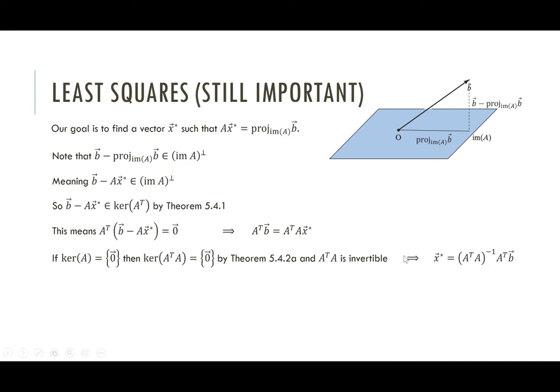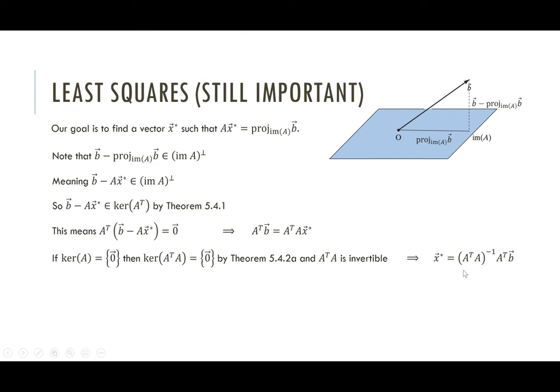Okay, so in that case, if the kernel of A is 0, then we can solve for X star explicitly. It's A transpose A inverse A transpose B. And B is going to be some vector that's given to you, A and A transpose are given to you. And this is just matrix multiplication that honestly you're going to get a computer to do for you.